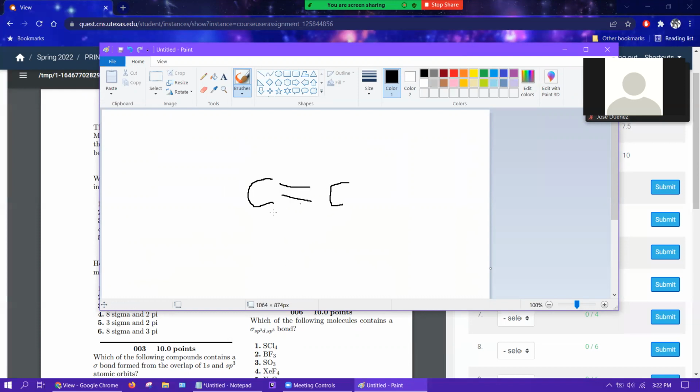So we have these 2 carbons and they're both connected to a hydrogen. Oh, right, it had a triple bond. So what would the hybridization of this be? Can you tell?